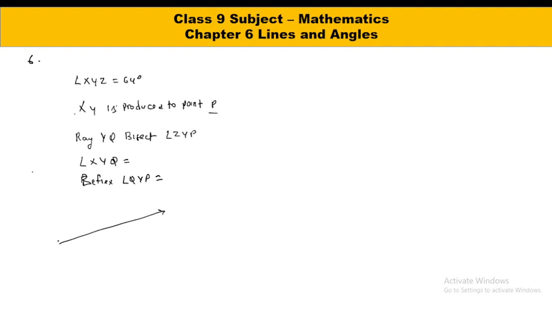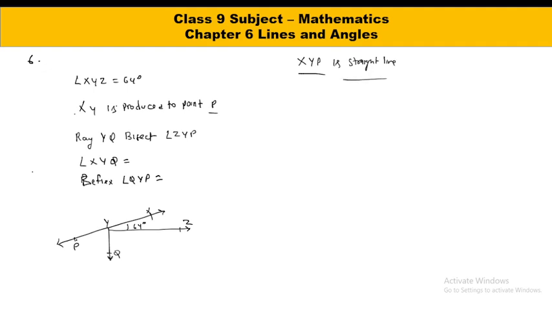This figure is given: P, Y, X, and here it is Z. Angle XYZ is 64 degrees. Here it is YQ. So we see that XYP is a straight line.